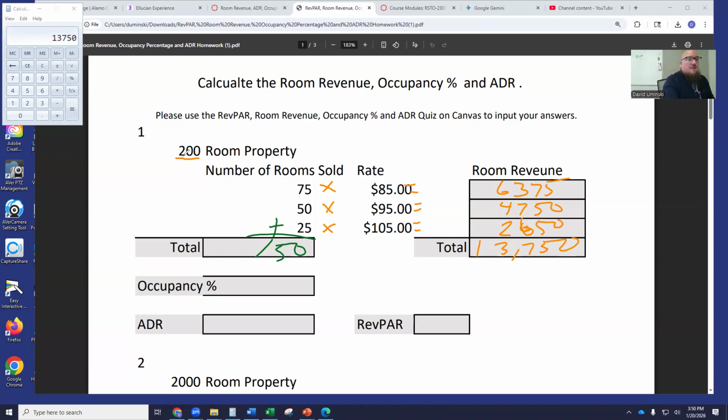So for occupancy percentage, remember, our occupancy percentage is the rooms sold divided by available rooms.